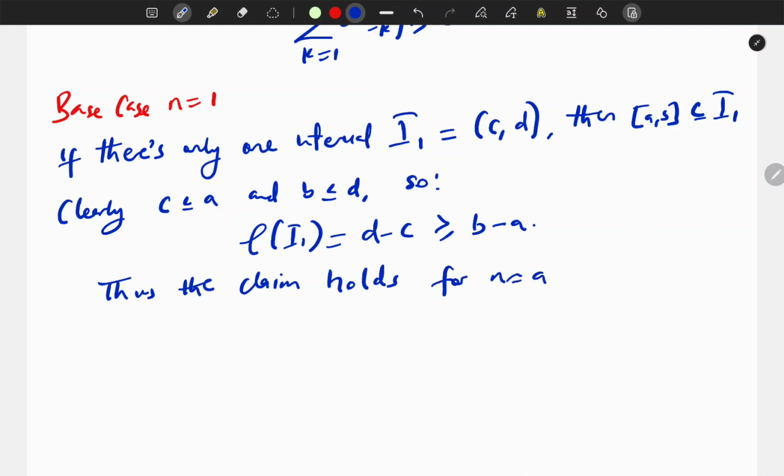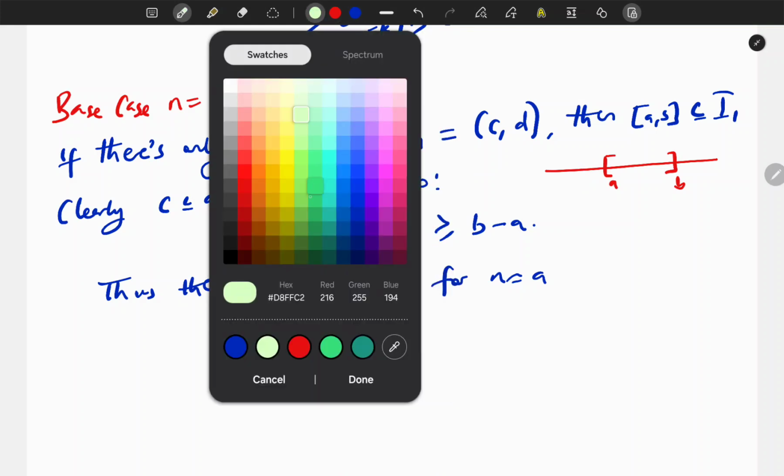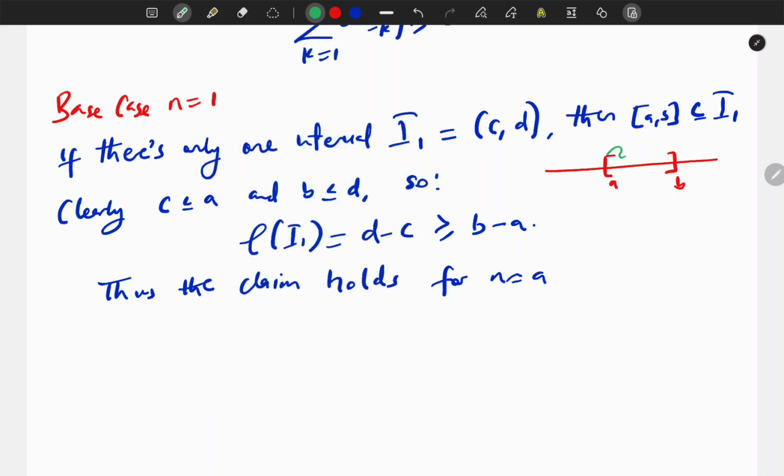So this is just what we did. We have a comma b, and we have one interval which we can say is here. We have our c here, and then we have our d here. So definitely the length of this CD will be greater than the length of this AB.